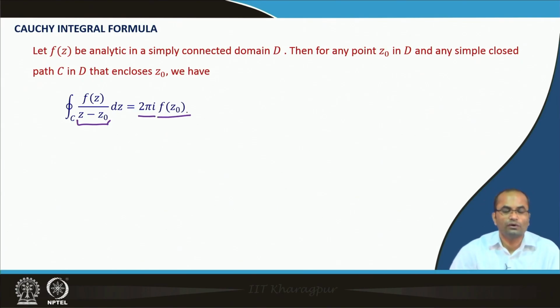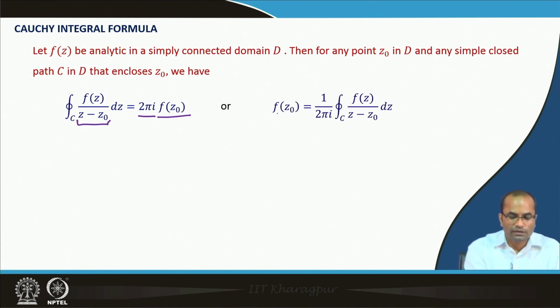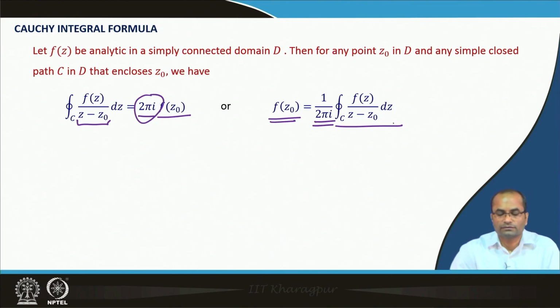This is what we call the Cauchy integral formula. It has various applications for evaluating such integrals where the integrand is not analytic. Sometimes we also write this formula in this form: f(z0) equals, bringing 2 pi i to the right hand side, 1 over 2 pi i times the integral over this closed path of f(z) over z minus z0 dz.